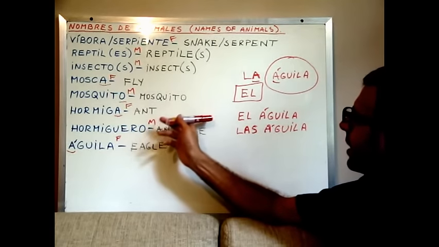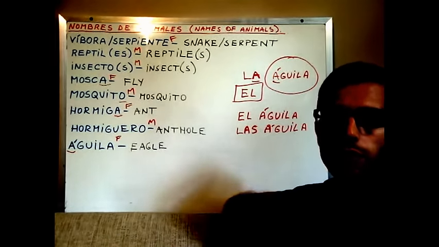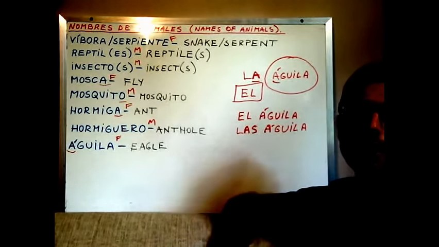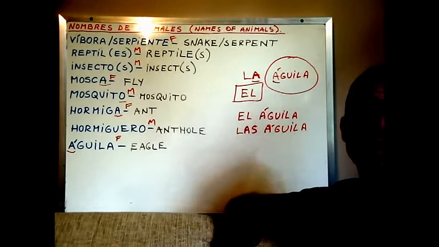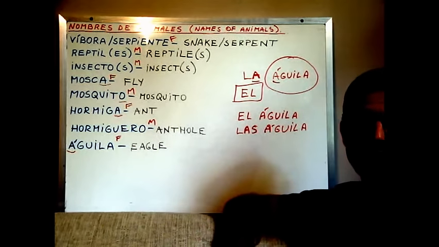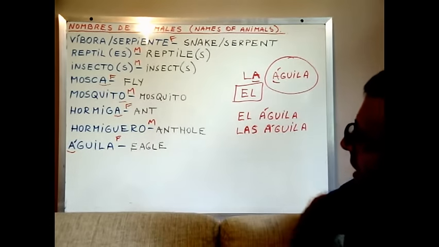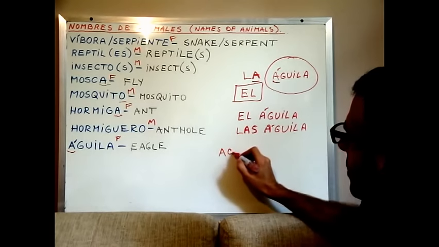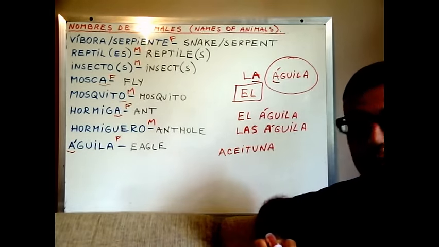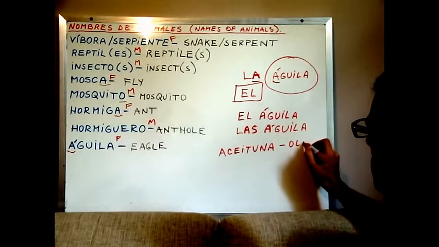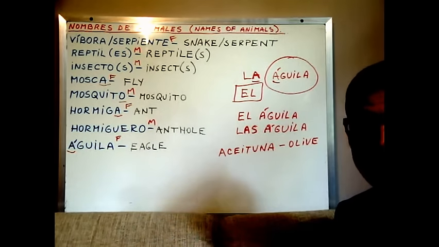This is the same with almost all the feminine nouns that begin with A, right? The only noun that begins with A in the Spanish language that I could think of, and that is an exception to this rule, is the word aceituna. Aceituna means olive. Aceituna is a feminine noun.